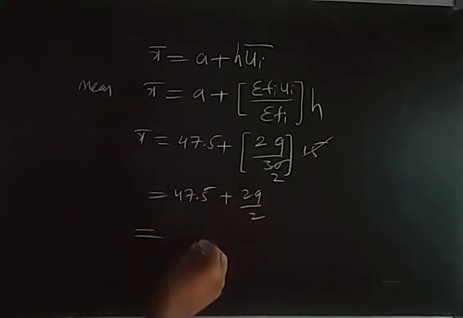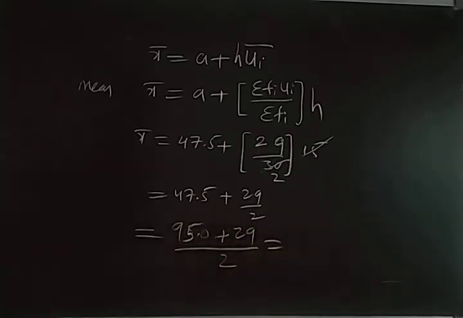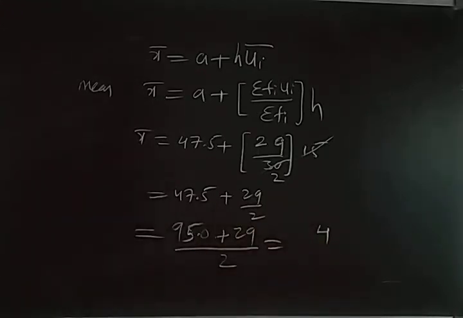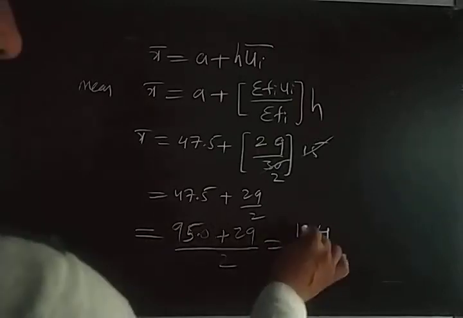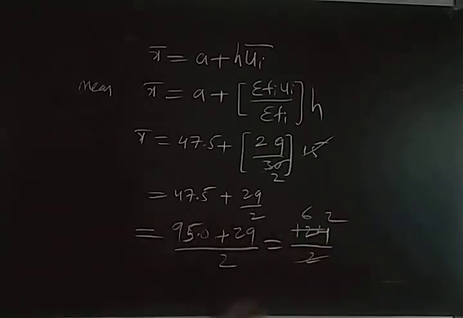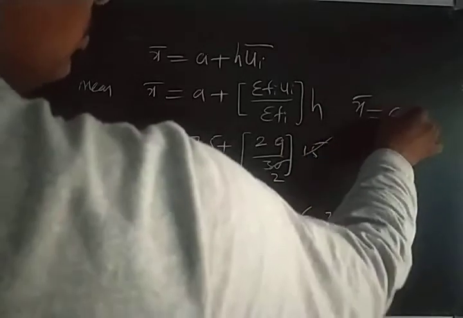By taking LCM, 2 5 are 10, 0 1 carry, 2 7 are 14, 5, 2 4 are 95.0. 95.0 plus 29 by 2. 95 plus 29, 124 by 2, 2 6 are 62. See, we got x bar equal to 62.